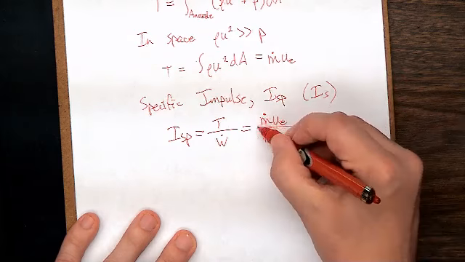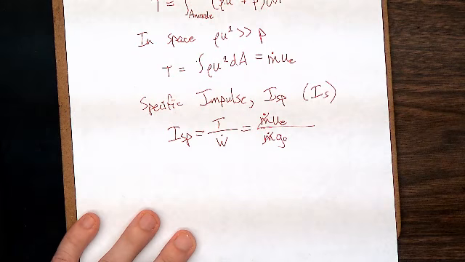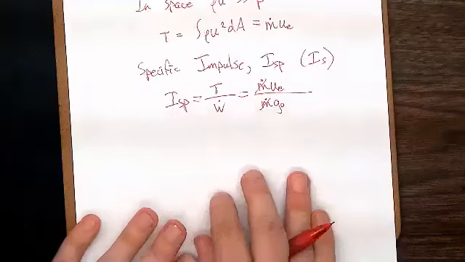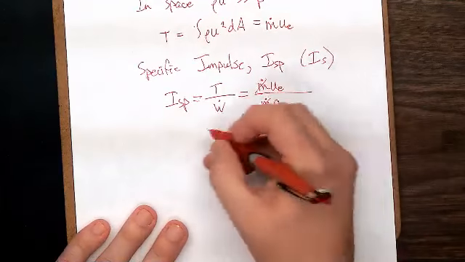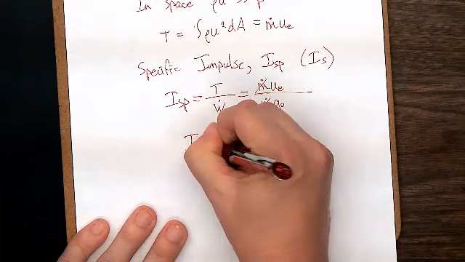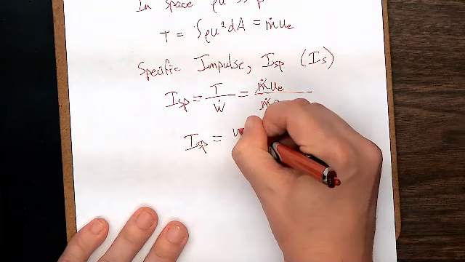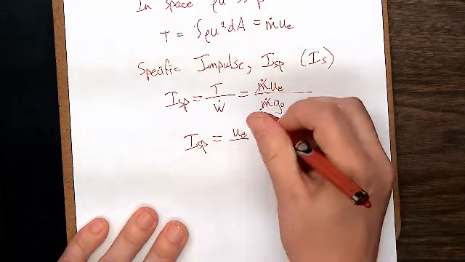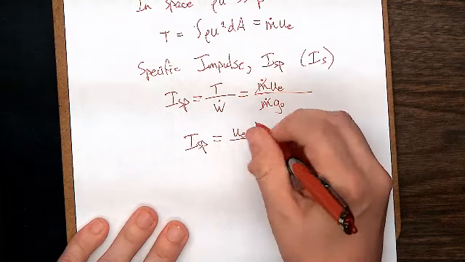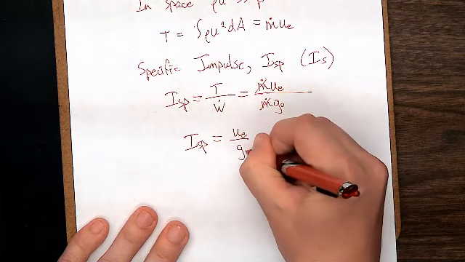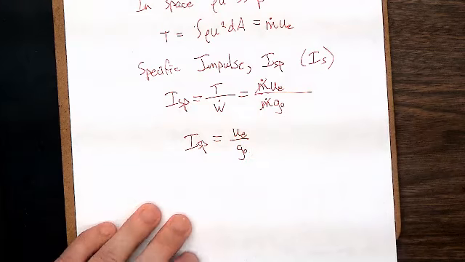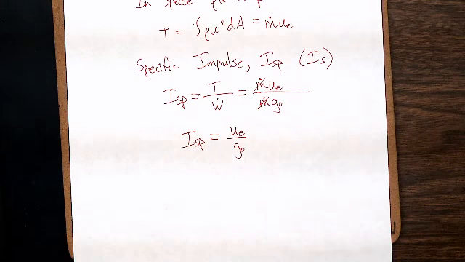So the mass flow rate drops out of the equation, and we have that specific impulse is equal to the exit velocity of the propellant from the nozzle or accelerator divided by the gravitational constant.